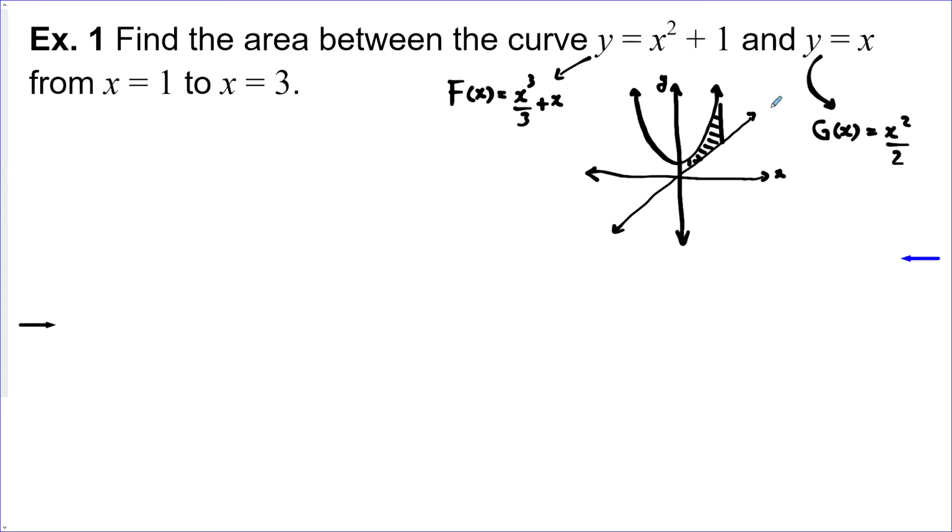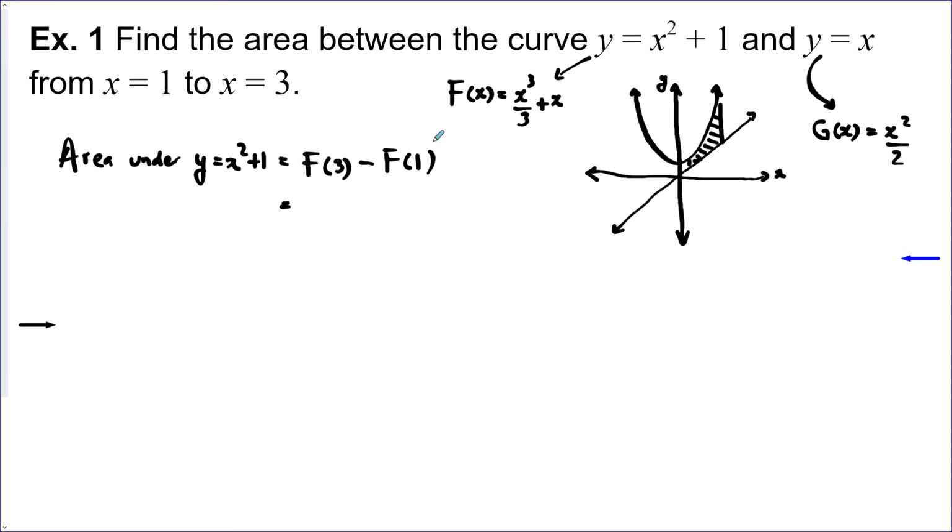Let's just find the area under y equals x squared plus 1, and that would be capital F at 3, because that's our upper bound, minus capital F at 1, because 1 is our lower bound.